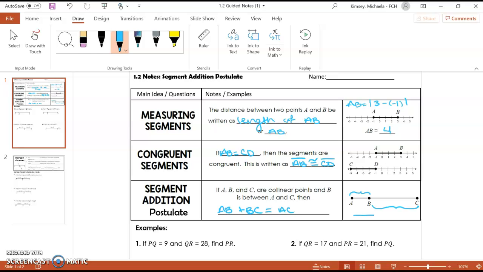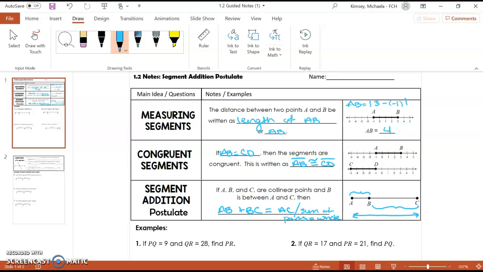So this entire segment is going to be the addition of AB and BC. You could also think about it as the sum of parts equals your whole.